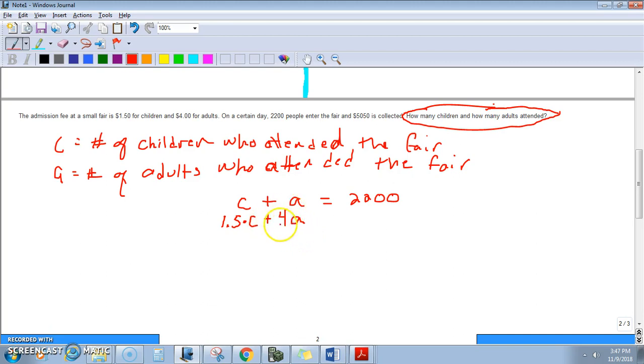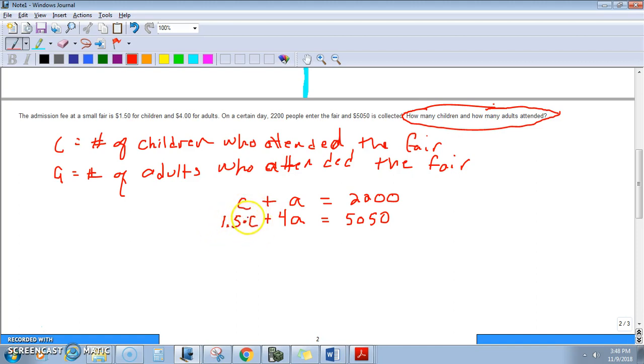So I'm going to multiply the amount of money times how many tickets were sold. Then we made, so if we add all of that money together, we made $5,050. Okay, so there's my 2 equations and 2 unknowns. This is set up in standard form. So I'm going to go ahead and I put a times there. You don't really need that. You could do 1.5c there if you're following my cursor.